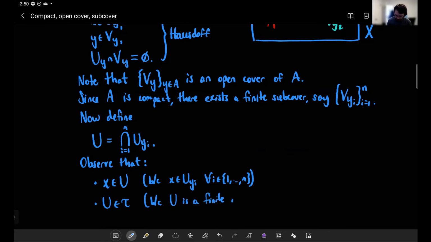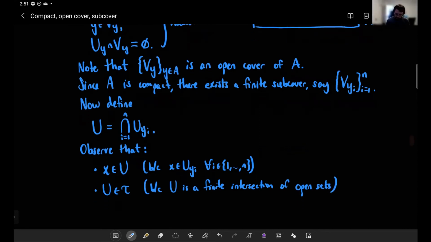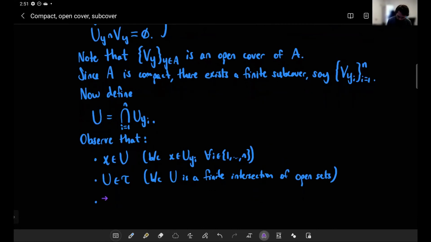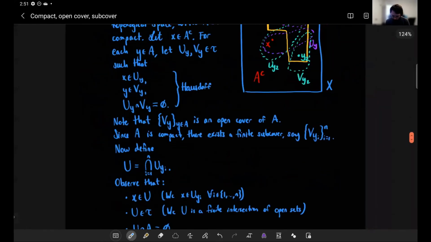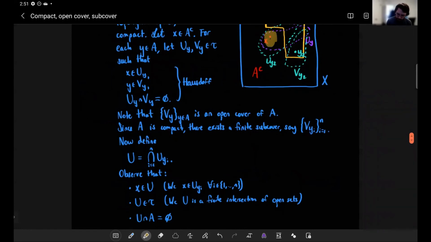And we said it's a finite intersection of open sets. And most importantly, U intersect A is empty. Okay, and that's the goal that I've been drawing up here all along. You wanted some set U that didn't touch A, because that means U is fully contained in A complement, meaning it's an interior point of the complement, meaning the complement is an open set.